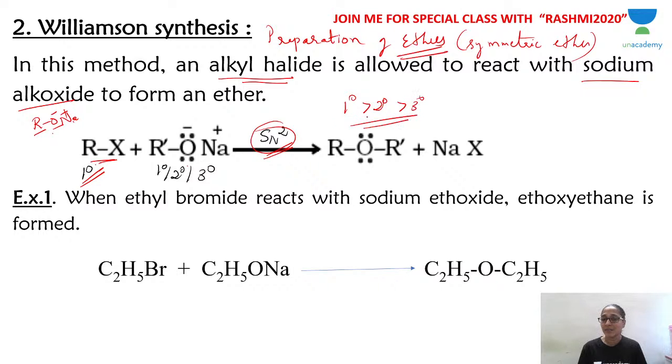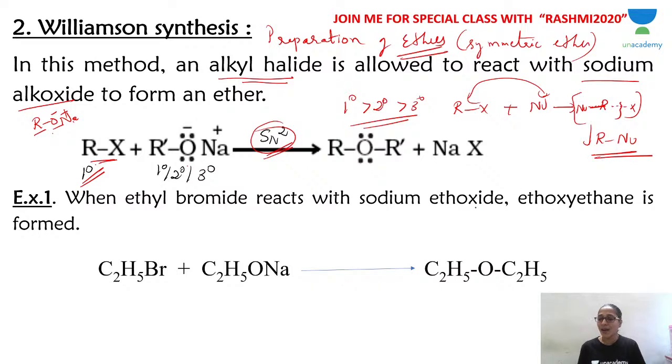This you have learned. In SN2 mechanism, primary alkyl halide reacts with the nucleophile, where the nucleophile attacks the alkyl halide in a single step. So the bond between alkyl and halide breaks, and a bond between nucleophile and alkyl group forms in a single step. You get R-Nu.